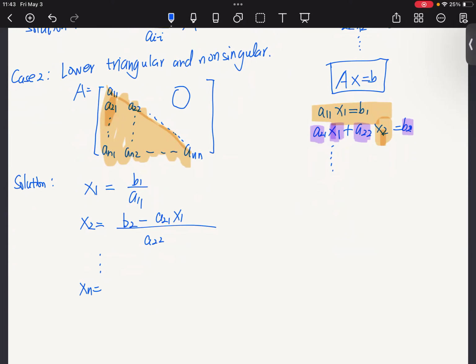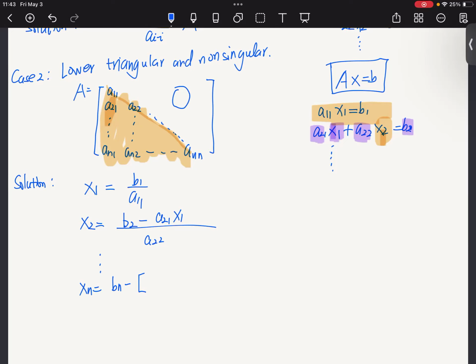So for Xn, you just need to solve for Xn by Bn minus the left-hand side, all the things besides the Xn term.